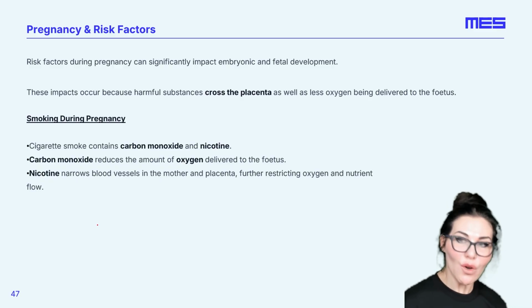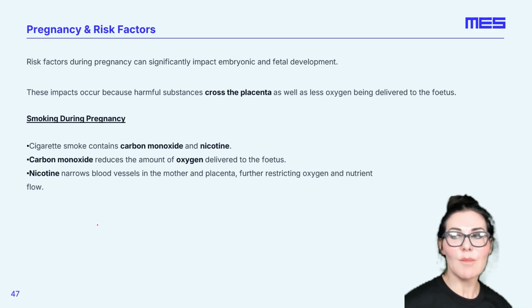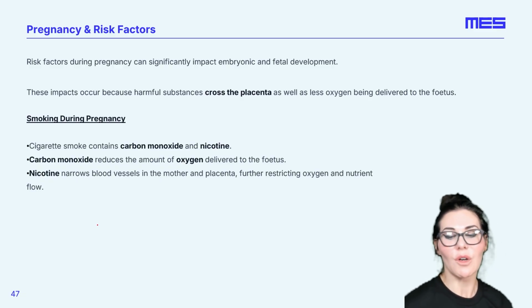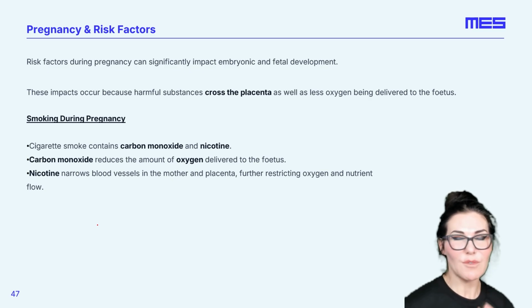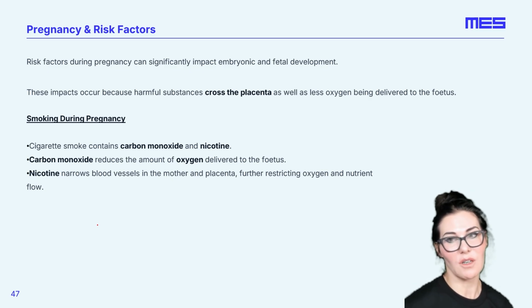The carbon monoxide will bind to hemoglobin on the fetus's red blood cells more readily than oxygen, and it means that the oxygen concentration of the fetus's blood is reduced. It deprives the fetus of oxygen.